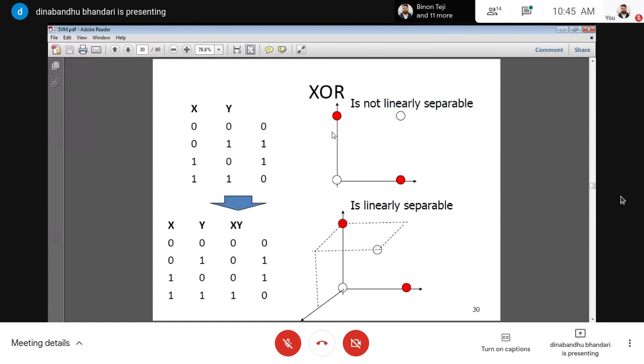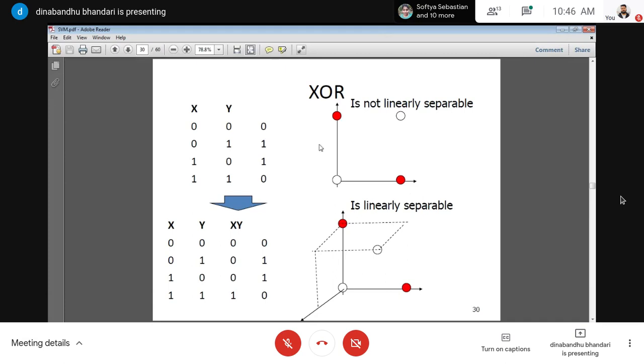We have these two red points labeled as 1, and these 2 white points labeled as 0. We cannot draw a line to separate them out. We have to draw some nonlinear boundary. You can draw a line here, another line here.